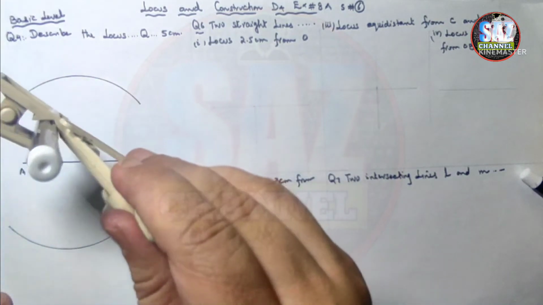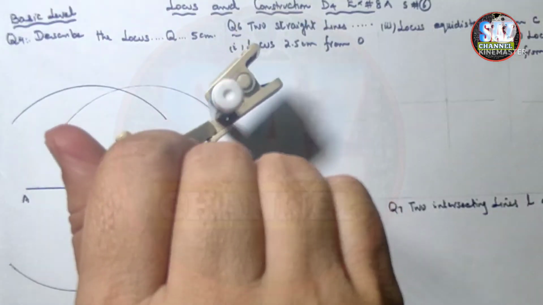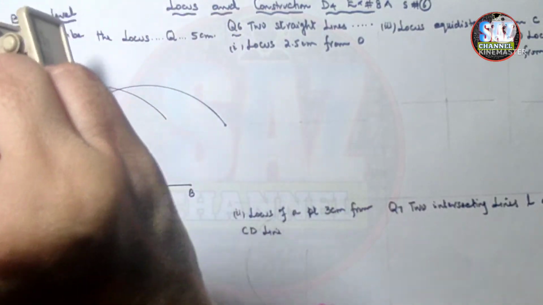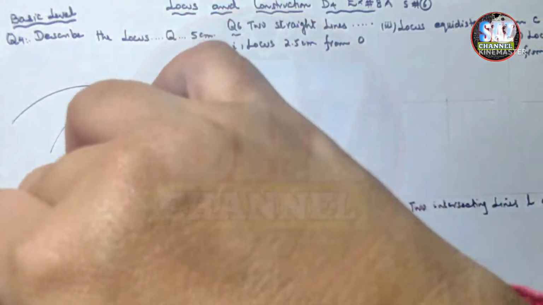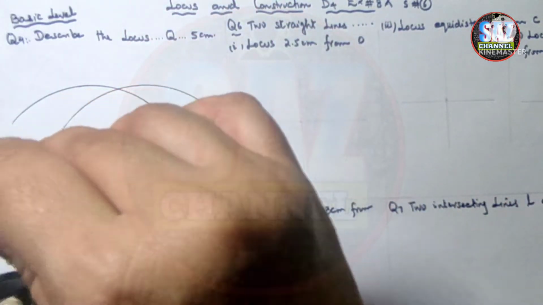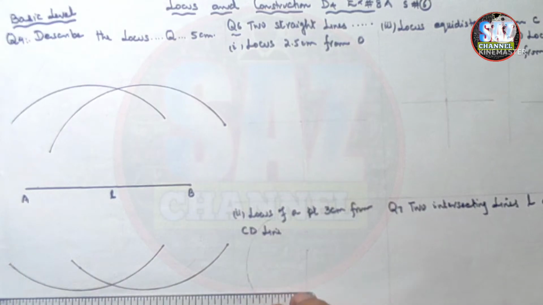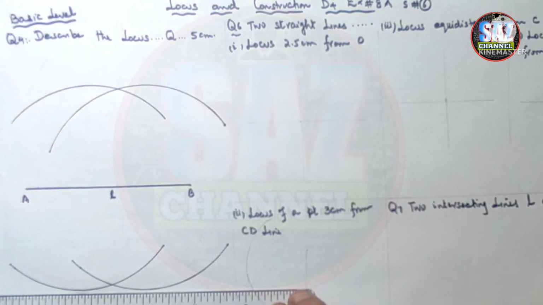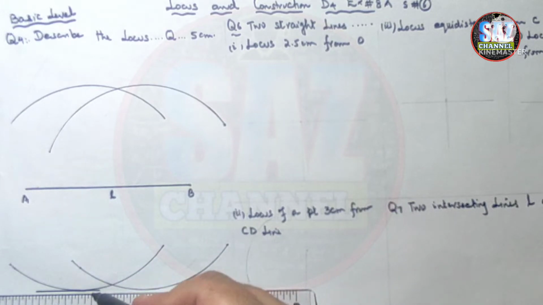Okay, I hope you are clear, and let me repeat the process in this way. Now what we can do is draw the line, and this line will always be at a fixed distance from that fixed line. Okay, and then over here as well.